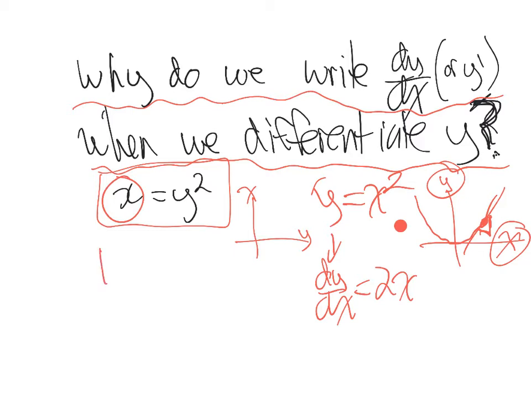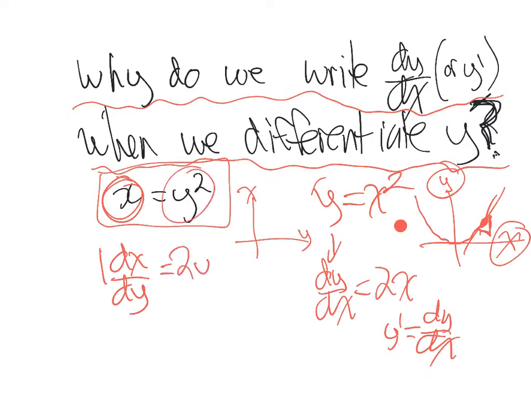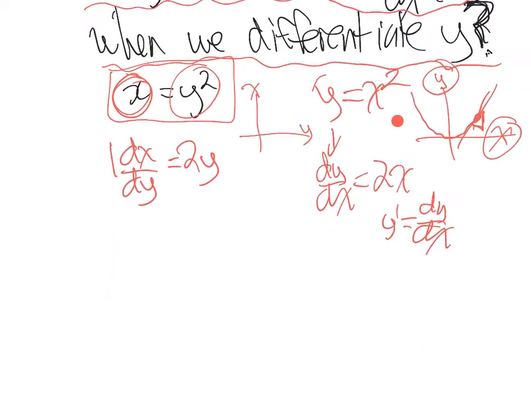But if y is a function of x, then, by the way, folks, y prime is just a short form for dy by dx. So if I'm going to differentiate x, then I'm actually doing dx by dy, and that's going to equal 2y. So dx by dy would equal 2y.